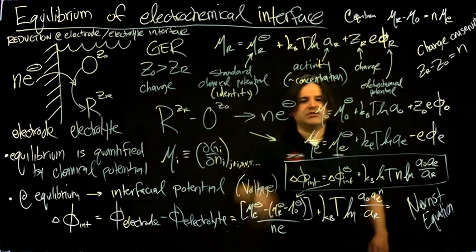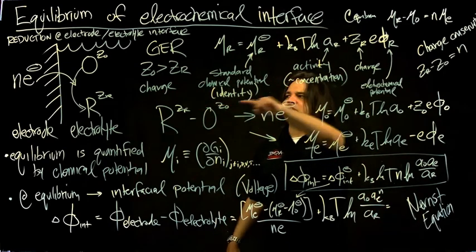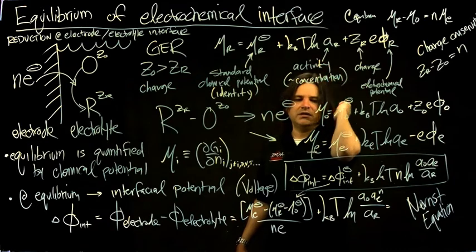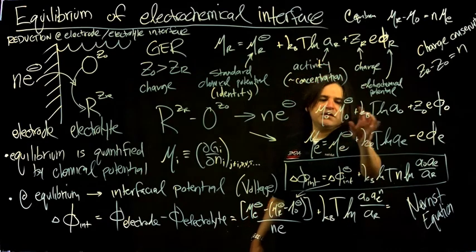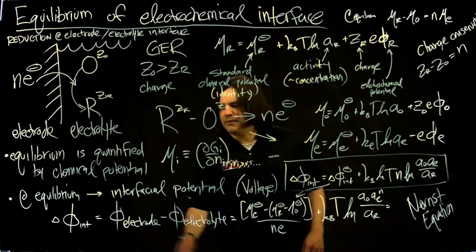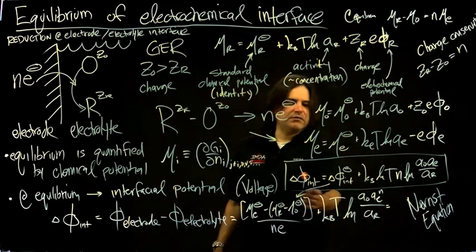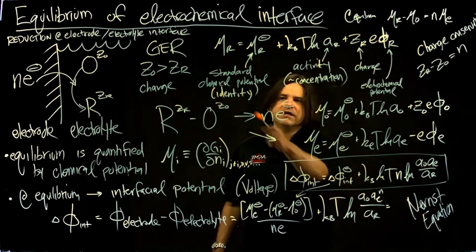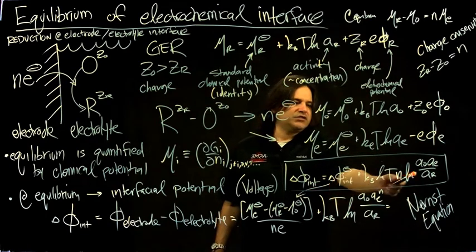We applied that to the three things involved: the electrons coming in, the starting species O and the species that gets reduced. Putting that all together, you can define at equilibrium this interface potential that depends on what these molecules are, their identity, the concentrations, and the potentials.